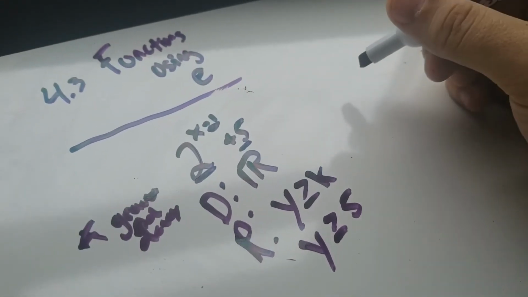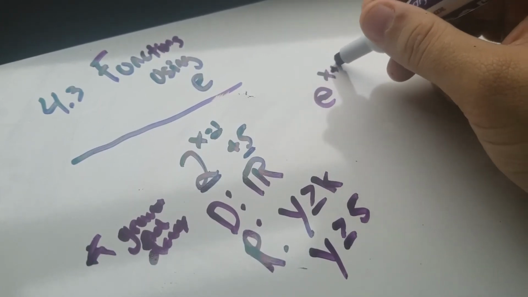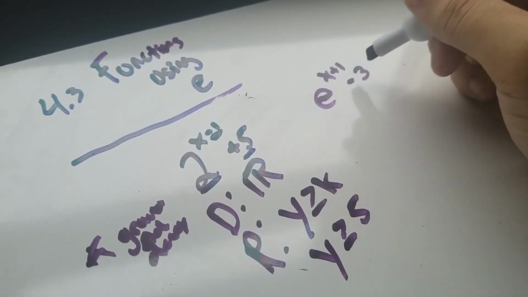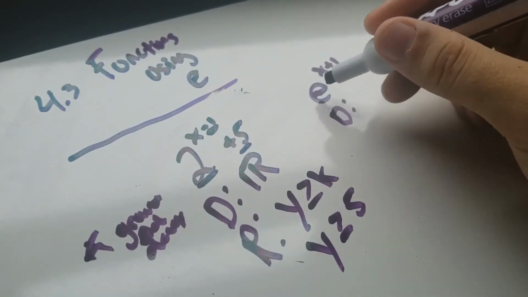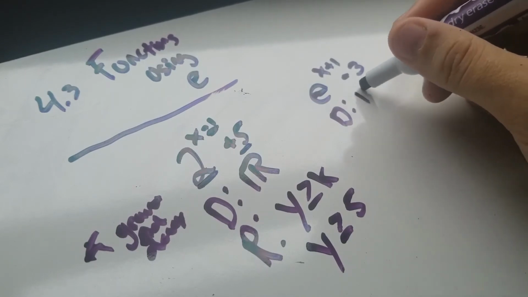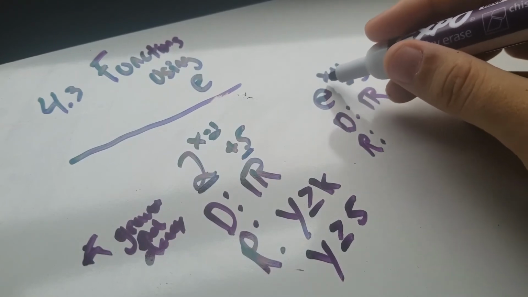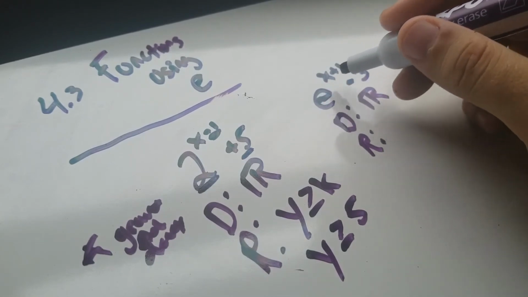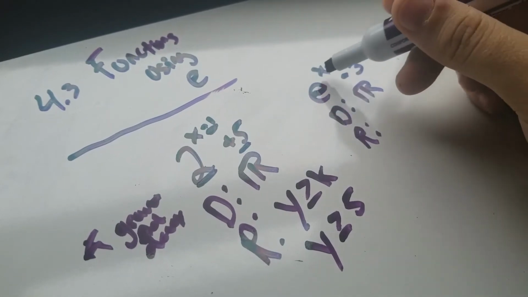Let's try another one. e to the x plus 1 power, minus 3. Well, the domain, it is an exponential growth, so that is going to be all reals. Our range, because I can plug in negatives, square roots, fractions, doesn't matter what I plug in here, my range can never get smaller, because think about this.